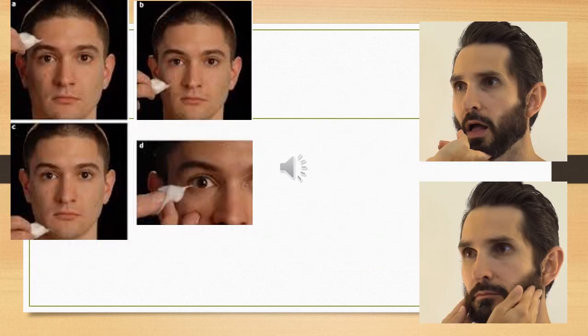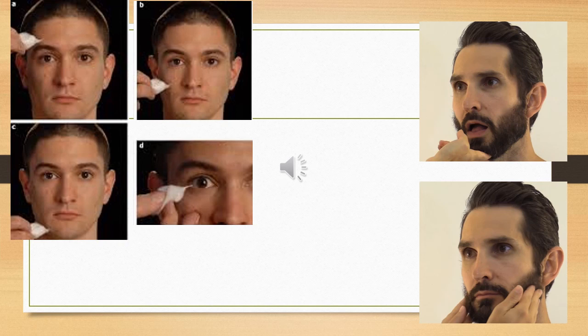Now, as you can see in figures A, B, and C, these are the dermatomes of the three branches of the trigeminal nerve. You examine them with a cotton swab.